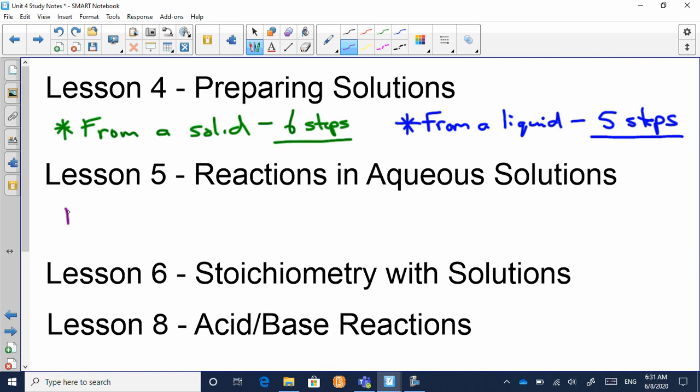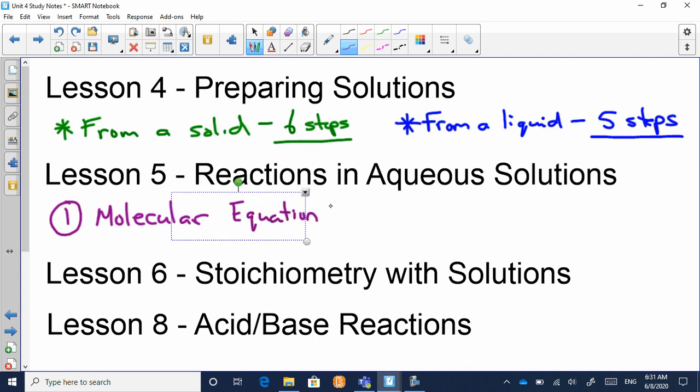The only thing I'll say is this was the lesson where we started by doing the molecular equation. Then we did the total ionic equation.